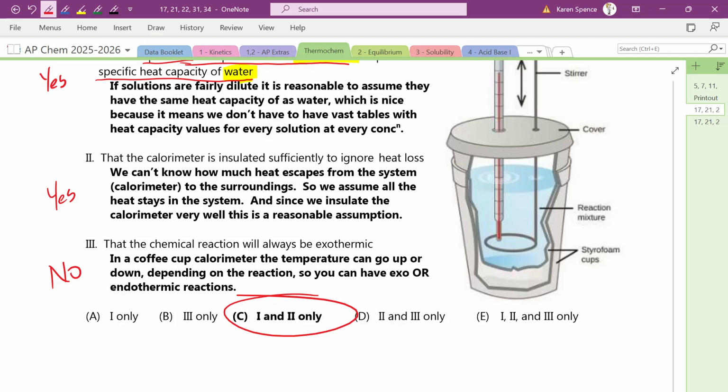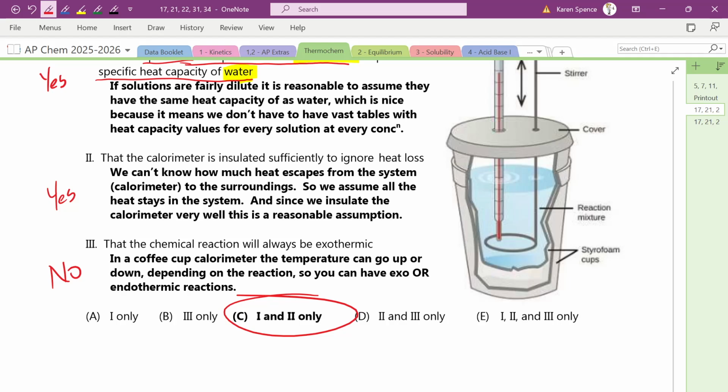If you're mixing two solutions, you may get a precipitate or you may not. It just depends on what you're mixing, because you could have a reaction where it's not just a formation of a precipitate. You could have other things that are reacting in different ways.